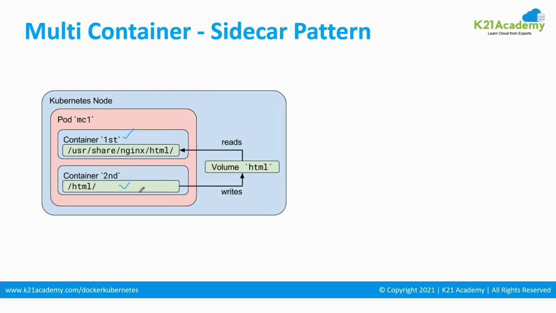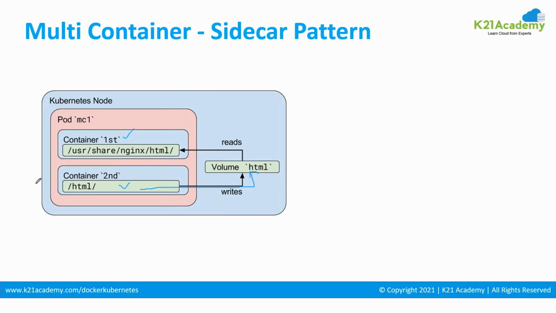It has some algorithm which will write the contents inside this particular volume, maybe inside the HTML folder, in the index.html file. And this volume called HTML is mapped here. So whatever data is written by this container is read by this container, and that is accessed by the outside people. So this is a sidecar pattern, guys.